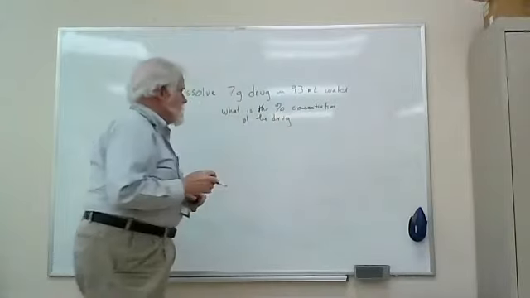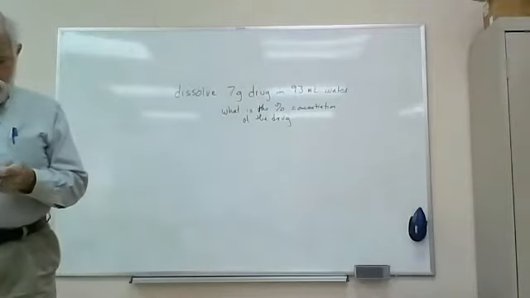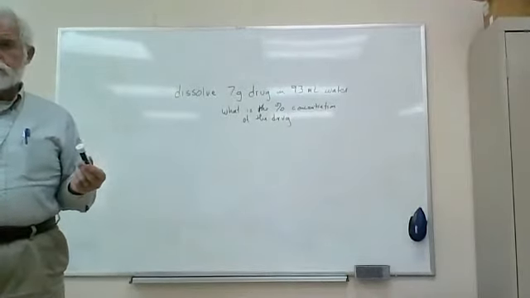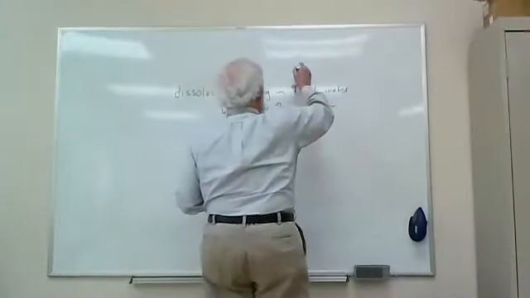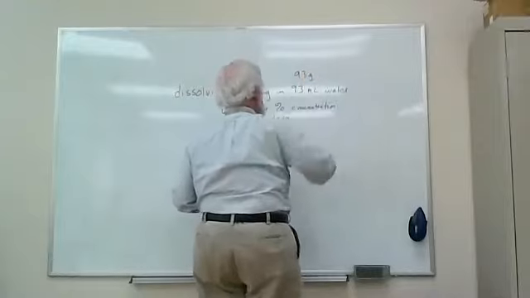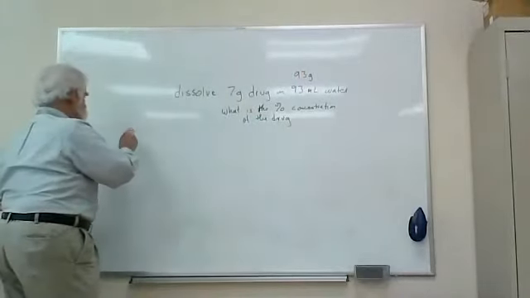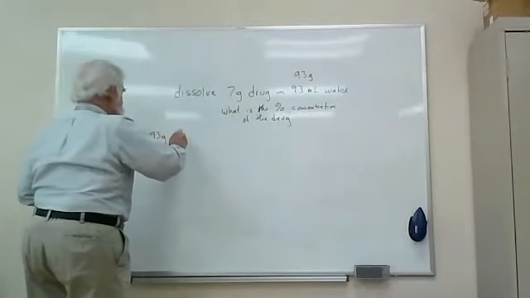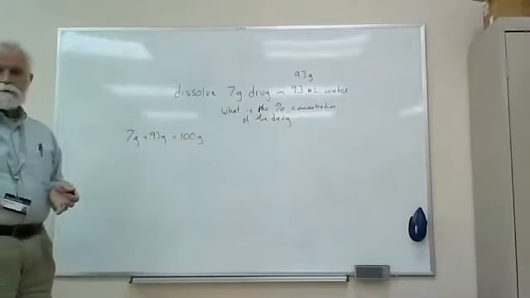Okay. A couple of things to consider. Remember that 1 milliliter of water weighs a gram. So we're dissolving 7 grams of drug in 93 grams of water. So we have 7 grams plus 93 grams. So we have a total of 100 grams of the mixture.